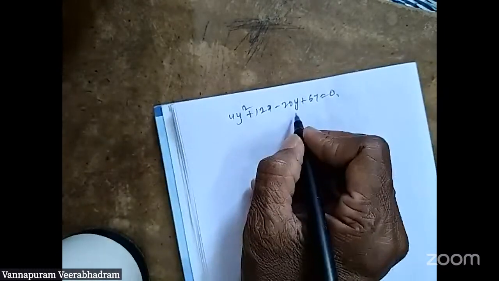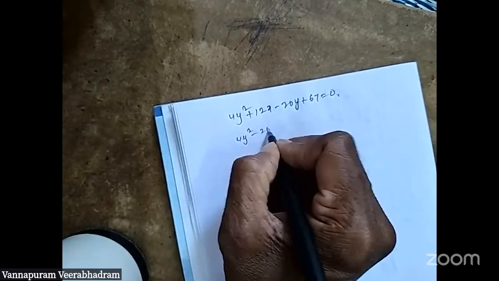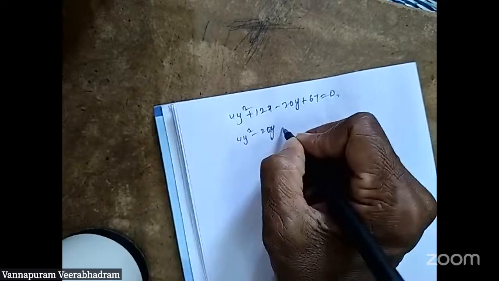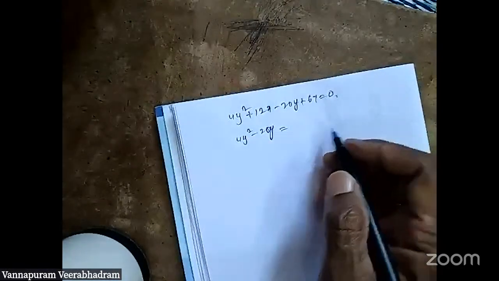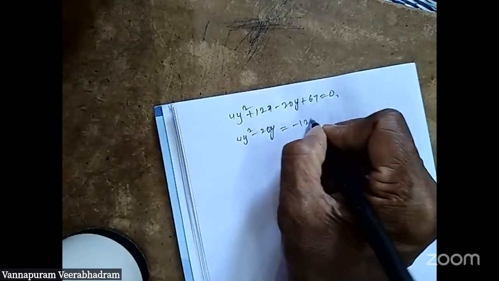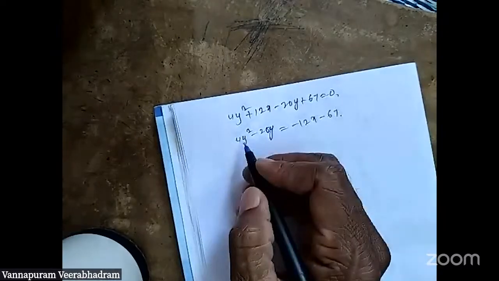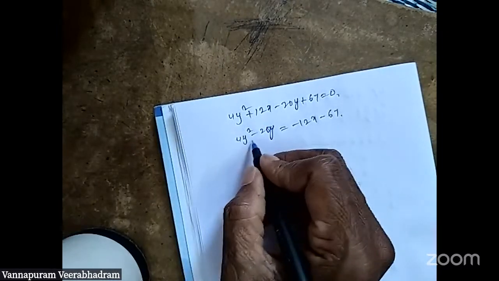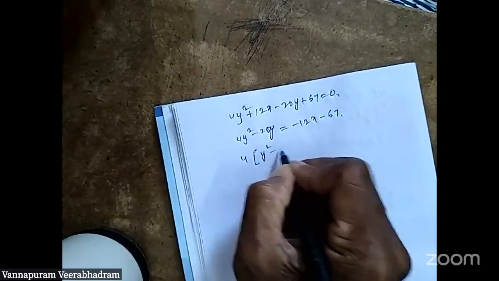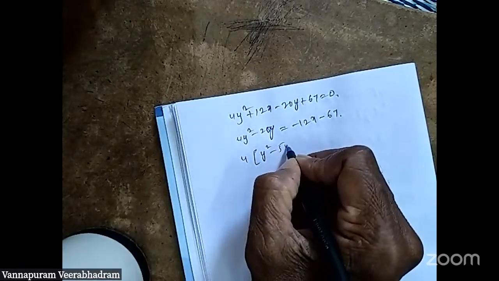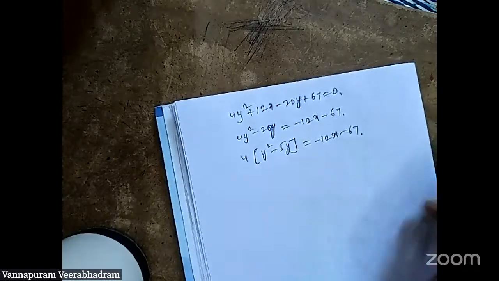Take the y terms together, that is 4y square minus 20y is equals to, take the other terms to the right side, so that is minus 12x minus 67. From these two terms, take 4 common, that is 4 into y square minus 5y, which is equals to minus 12x minus 67.